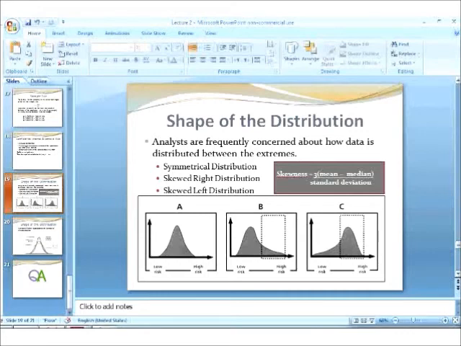If it's more concentrated than 68%, then it's again not normally distributed. So anything which deviates from 68%, because you don't want to concentrate everything around your mean. We say that for a data set to be normally distributed, 68% of the data points are within one standard deviation of the mean, or are concentrated around the mean. If it's more than that, then again your data is not normally distributed.